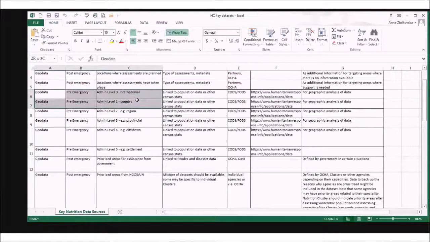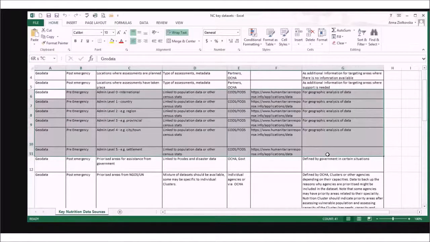The next is the administrative level boundaries for the mapping. Usually now all such datasets are stored in the Common Operational Datasets database on the Humanitarian Response Info website. However, if you cannot find it, feel free to contact OCHA in your country for these datasets.